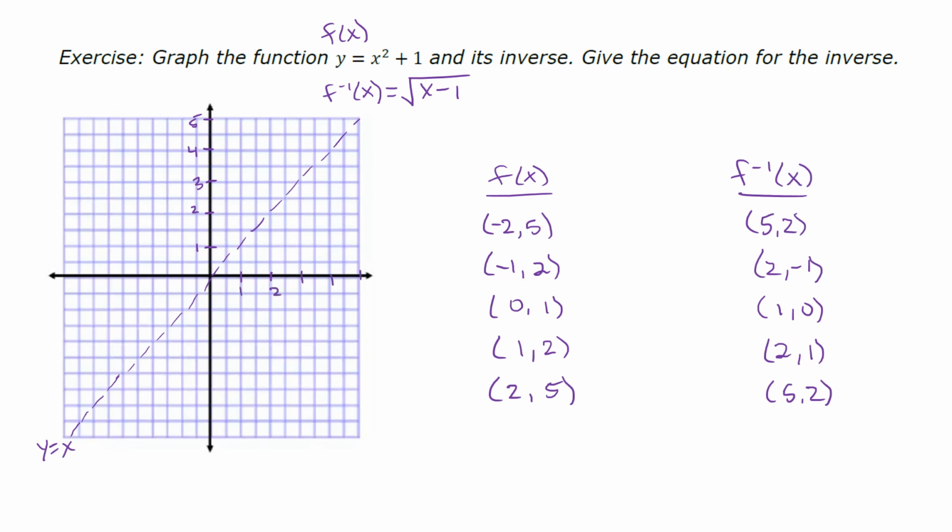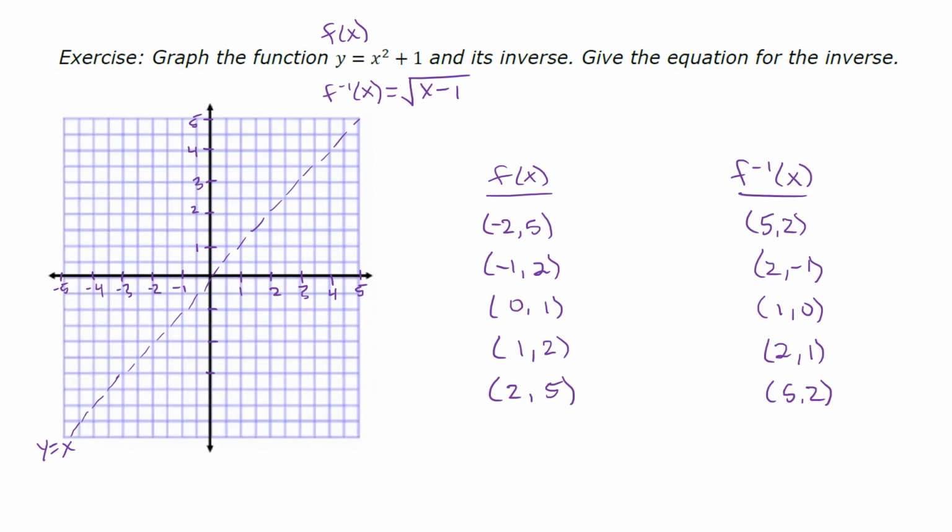So 1, 2, 3, 4, 5. Okay, so now we can plot some points. Oh, I need to do the negatives. I forgot to do that. I don't go too far into the negatives, but I'll place it here so that we can know exactly what we're plotting.